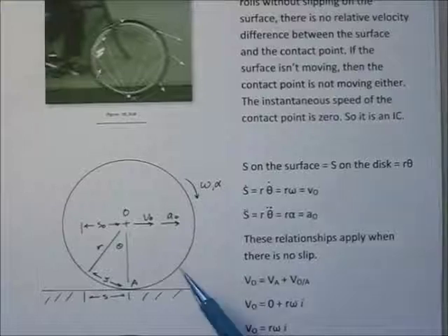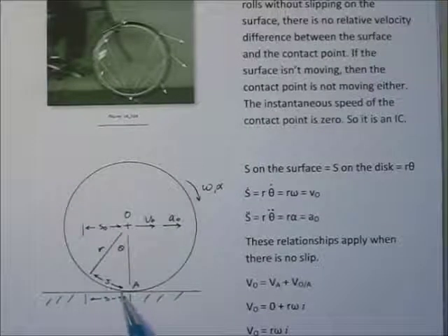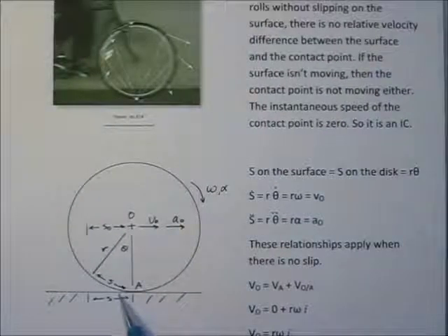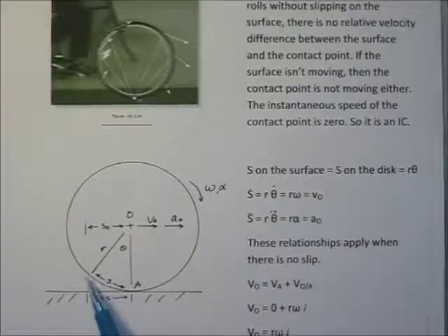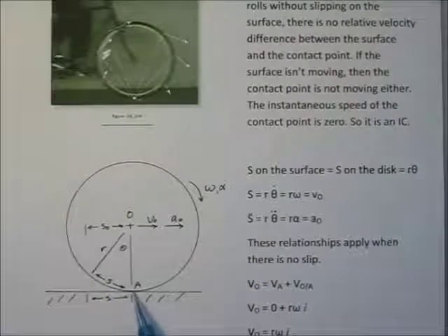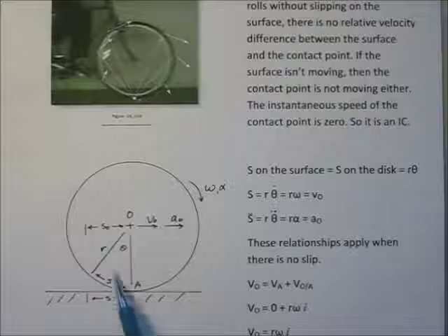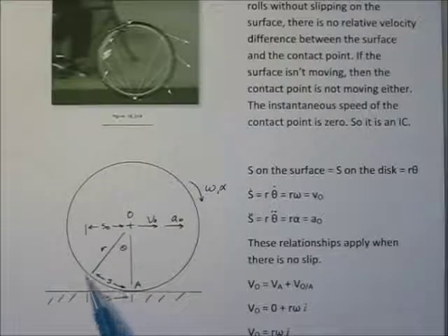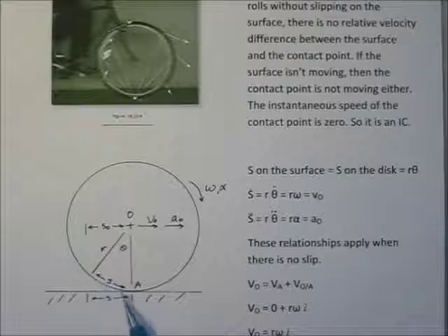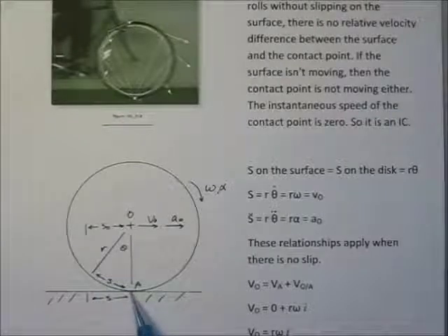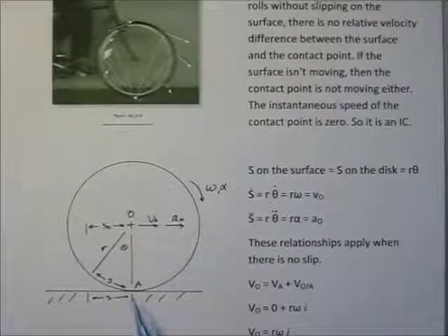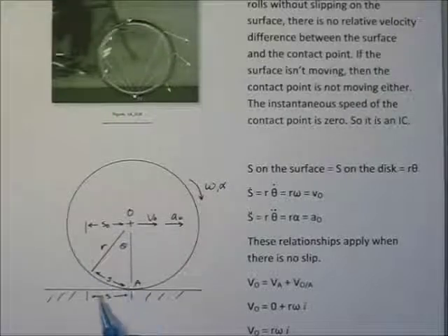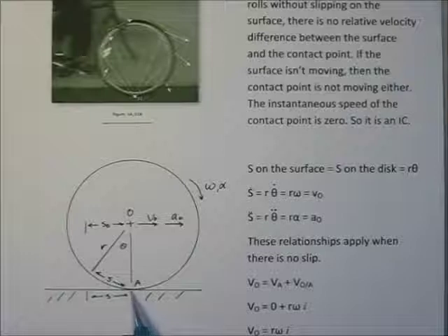All right, so let's talk about some math here. We're going to say that the distance on the arc that the hoop displaces, this distance s, is equal to r theta, as we know from before. If it's not slipping relative to the flat surface, then that distance s is the same distance that the contact point moves on the surface of the disc.